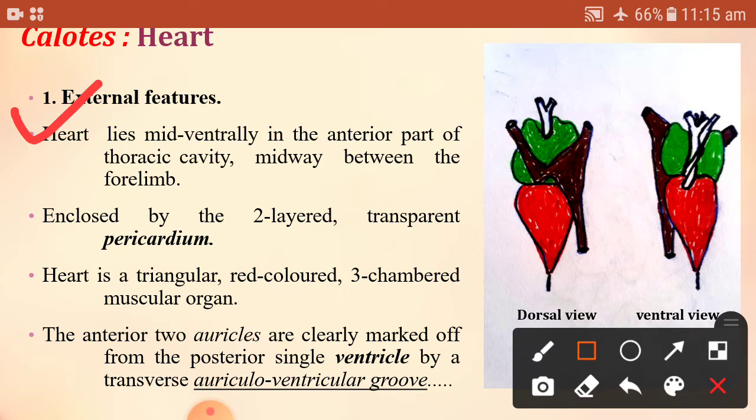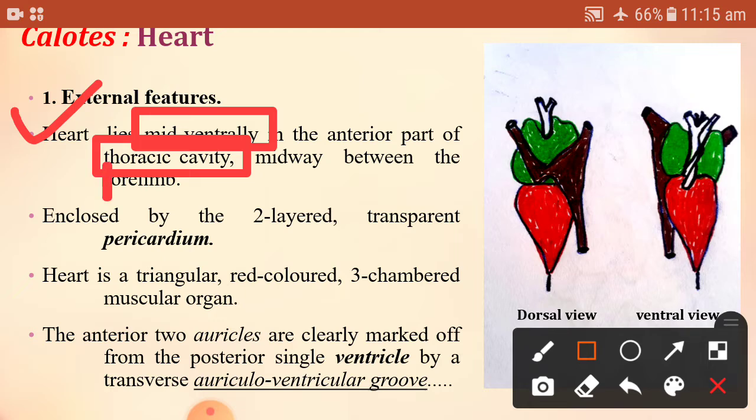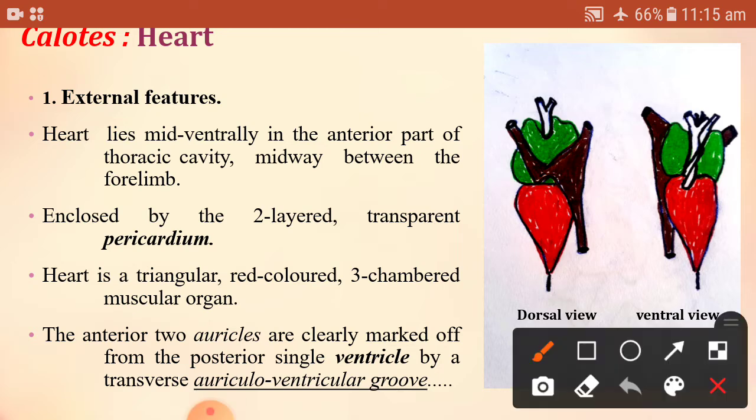We can find this heart lies mid-ventrally, that is at the middle position of the ventral side, towards the anterior part of the thoracic cavity, midway between the forelimbs.